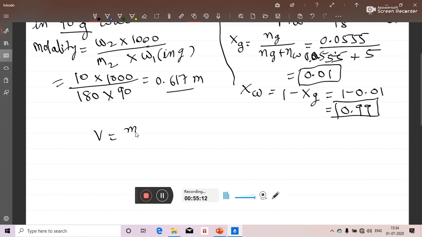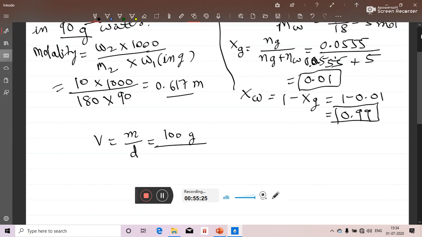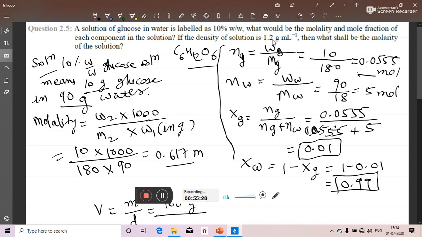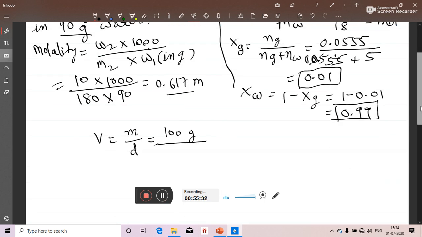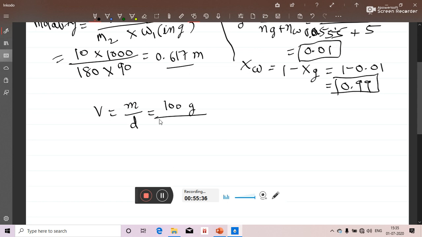Now mass of solution is 100 gram and density is given as 1.2 gram per ml. So 100 upon 1.2. So that will come out as 83.33 ml.